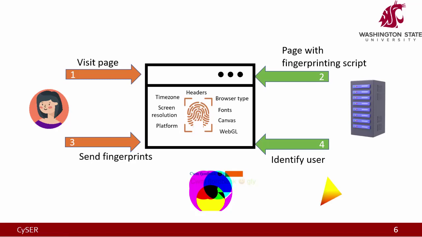Similarly, we can do WebGL fingerprinting. The website can have the browser draw a 3D image like this one, and again we can build a hash value from it. Each hash value will be different if the devices are different. We can also collect the navigator properties to know more about the browser. If we look at all these fingerprinting attributes, except for the headers, all of them can be easily collected by a website using JavaScript.